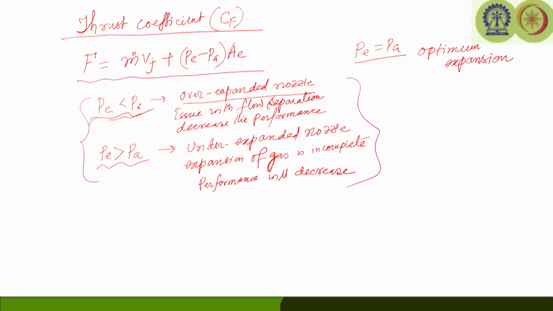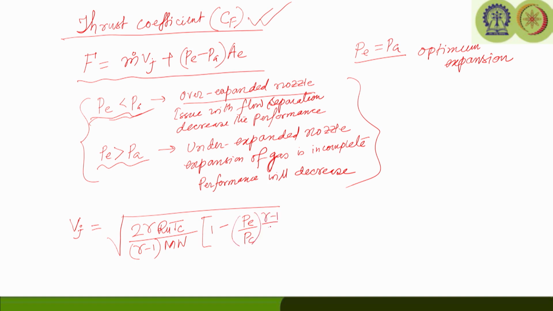Now, let us see what we can get from this thrust equation, how much simplification we can do, and try to understand how the thrust coefficient is important in terms of the thrust data. If you recall, we had derived the equation of Vj in one of the lectures. We got Vj as the square root of 2 gamma into universal gas constant into chamber temperature Tc, divided by (gamma minus 1) into molecular weight, into (1 minus P by Pc) to the power (gamma minus 1) by gamma.